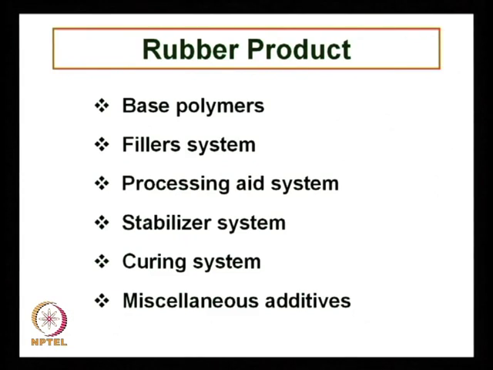Then other rubbers, say acrylic rubbers, fluorinated rubbers or fluororubbers, fluoroelastomers, silicone rubber, and other polar rubbers like thiocol rubber, which is polysulfide rubber, hypalon rubber, chlorosulfonated polyethylene. So, this way we can name many rubber polymers which show elastomeric characteristics.